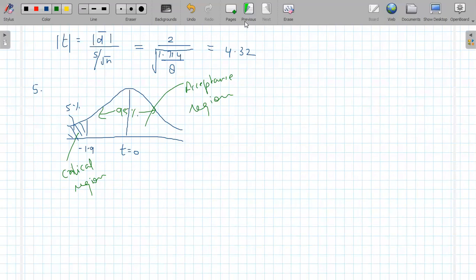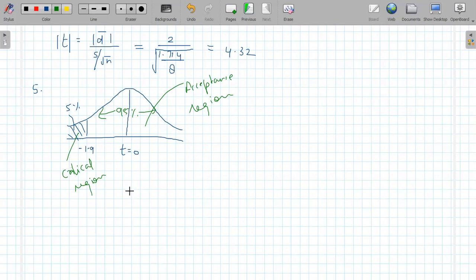So the value of mod t is 4.32, and that is coming here in the acceptance region.